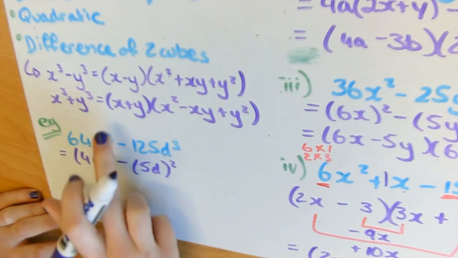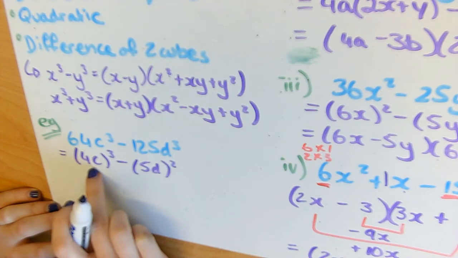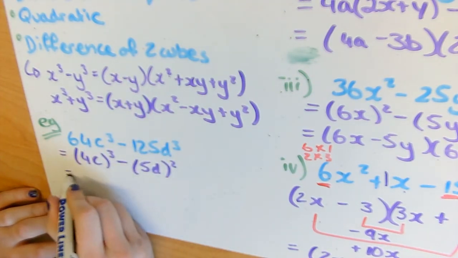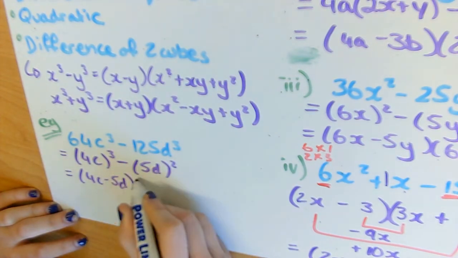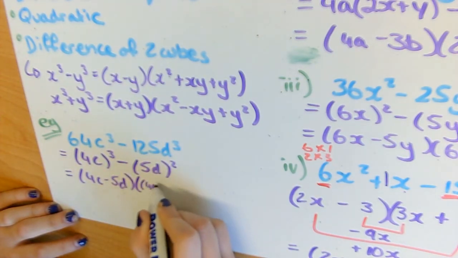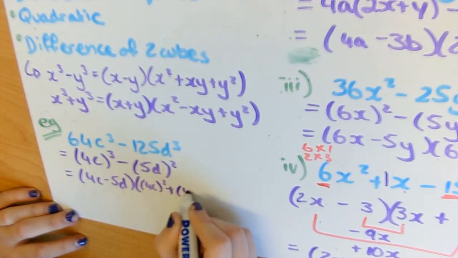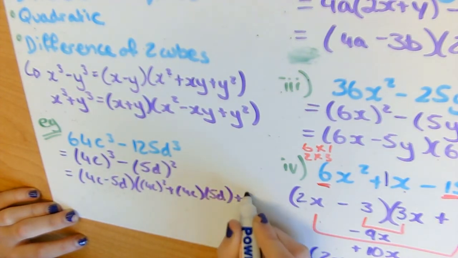Which means in my formula, I'm going to be using the first one because it's minus. Everywhere I see x, I'm going to put 4c. And everywhere I see y, I'm going to put 5d. So that means my first bracket is going to be 4c minus 5d. And my second bracket is going to be 4c to be squared plus 4c by 5d plus 5d to be squared.